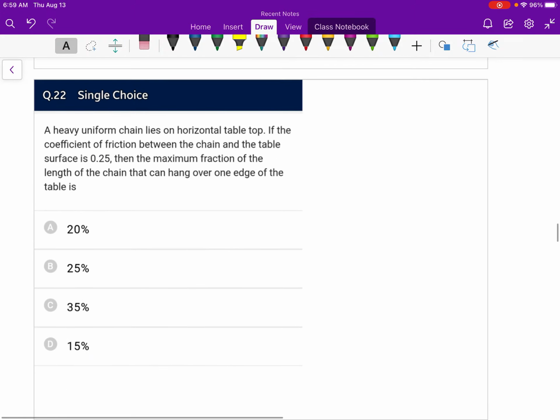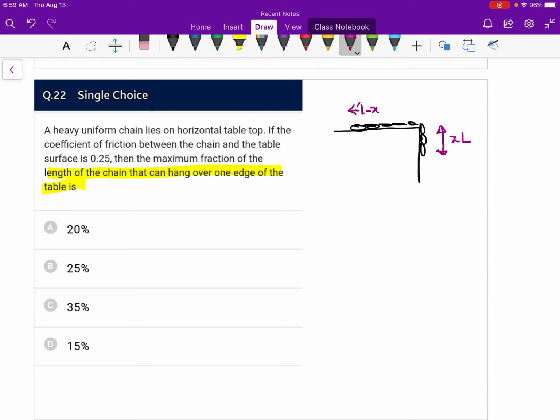A heavy uniform chain, 0.25 coefficient of friction, maximum fraction of the length of the chain that can hang over. So let's say x fraction can hang over maximum. So this length is xL and this length is 1 minus x into L. So if capital M is the complete mass, frictional force is opposing the driving force.